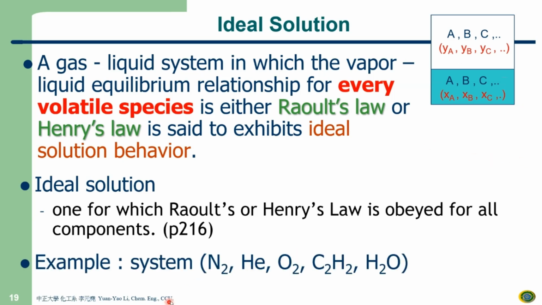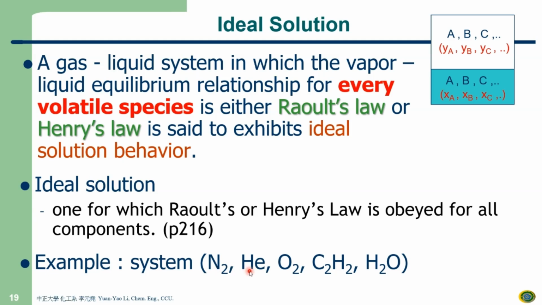For example, the system is like this: nitrogen, helium, oxygen, oxygen, and water. If this system is an ideal solution, which equation do you use for nitrogen? Henry's law, right? Because nitrogen is very difficult to condense under limited pressure, not very high pressure or very low temperature.